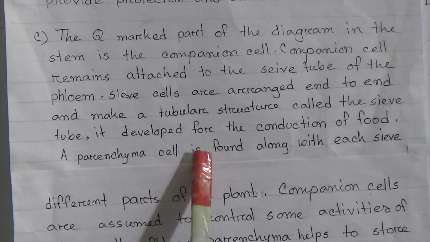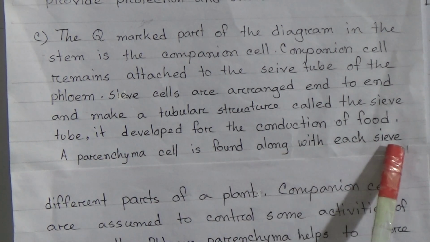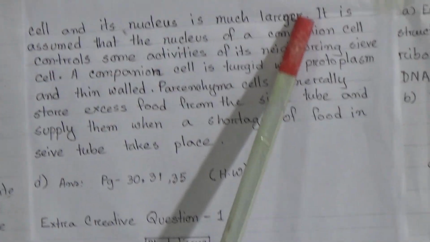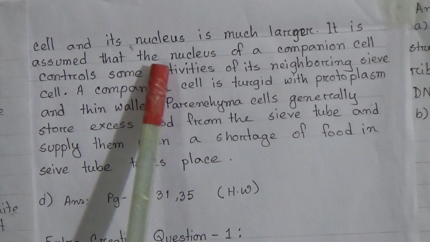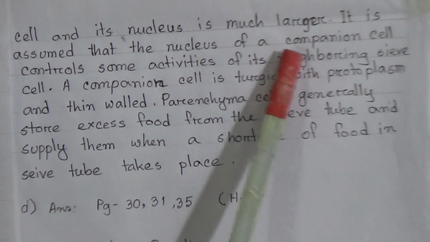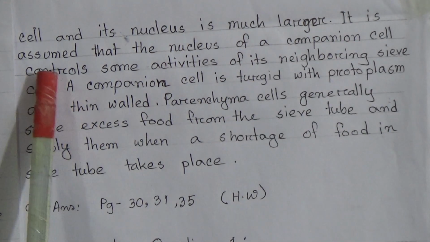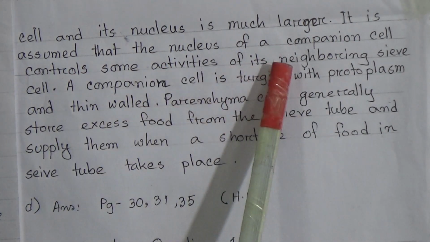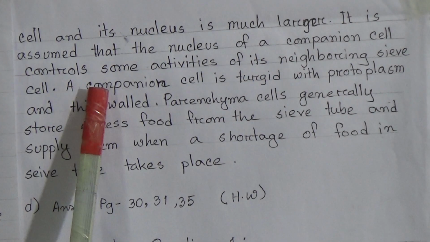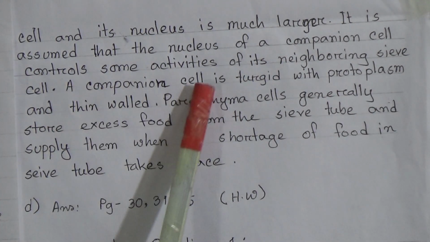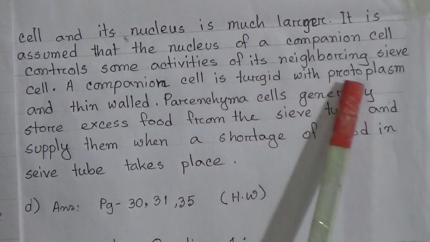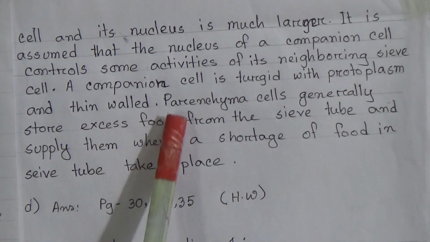A parenchyma cell is found along with each sieve cell, and its nucleus is much larger. It is assumed that the nucleus of a companion cell controls some activities of its neighboring sieve cell. A companion cell is turgid with protoplasm and has a thin wall.